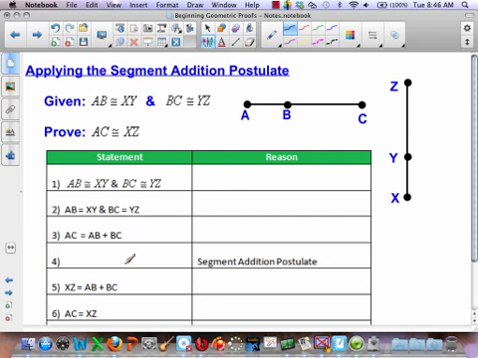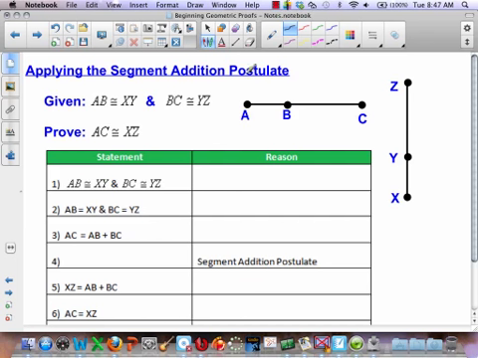All right, so our given statement: AB is congruent to XY, and BC is congruent to YZ. If I were you, on a lot of these proofs I would take notation with this. I would make marks on the diagrams.